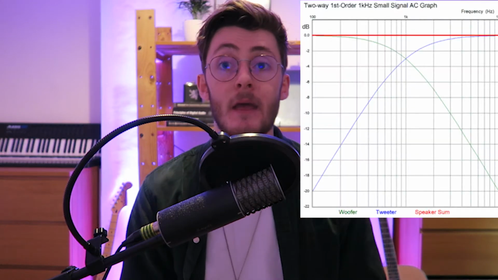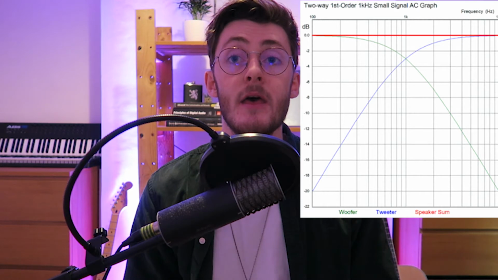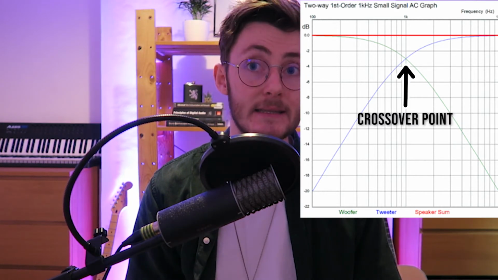Now, crossovers are a pretty huge topic in themselves, so I'm not going to delve into too much detail about them in this video, but the basics are that a crossover is essentially a filter that directs the appropriate frequencies to their corresponding driver. As you can see from this graph of a two-way system crossover, above or below a certain frequency, the filter rolls off. The point at which the two filters cross is known as the crossover point.